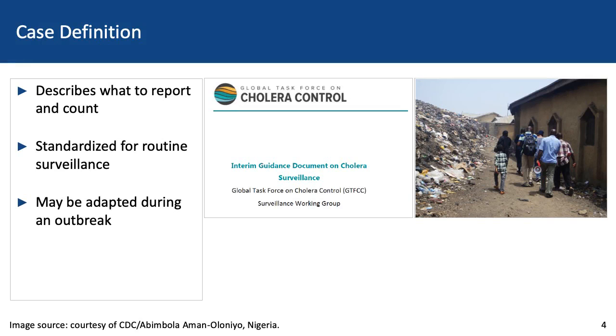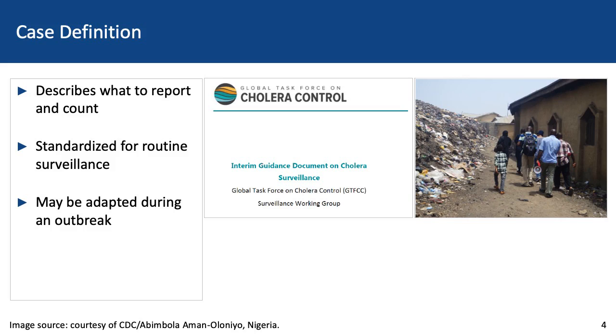Core to any surveillance effort is the case definition. The case definition describes what to report and count. Importantly, the definition is standardized for routine surveillance and may be adapted during an outbreak. A good example is cholera, where one initially aims to use a confirmed case definition through laboratory testing results to determine whether an outbreak is present. Once an outbreak is declared, cholera surveillance typically relies on a suspected or acute watery diarrhea case definition without routine laboratory confirmation.